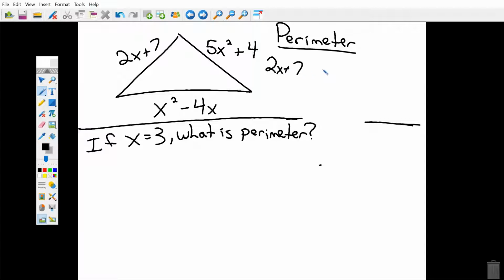The first thing I want to do is write down all three sides of this triangle. The order doesn't matter, as you're just going to add them anyways. Gather the like terms.